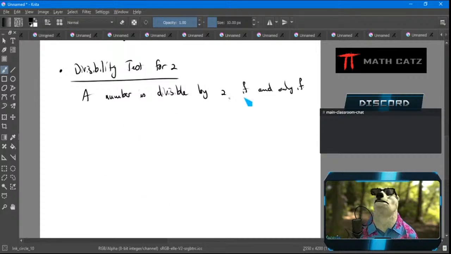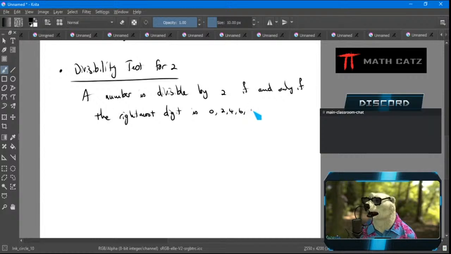If you're taking notes at the same time, then your notes are complete, and so on. A number is divisible by 2 if and only if the rightmost digit is 0, 2, 4, 6, or 8. Of course, we all knew that.